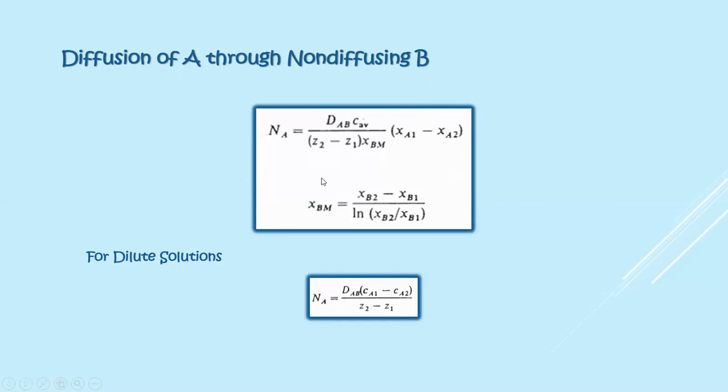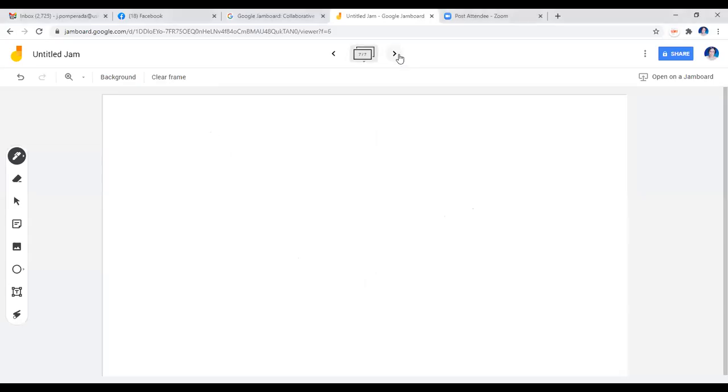In this problem, the medium for transfer is your biological system consisting of agar and water. So we will be using this particular formula. We'll start with the formula.